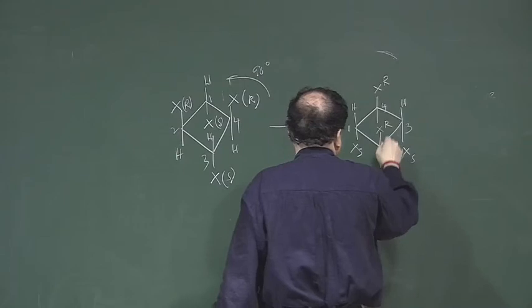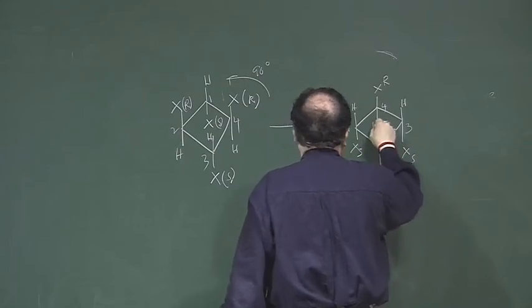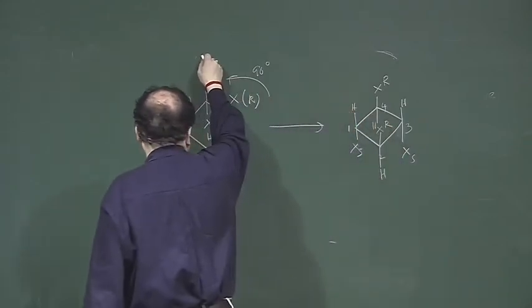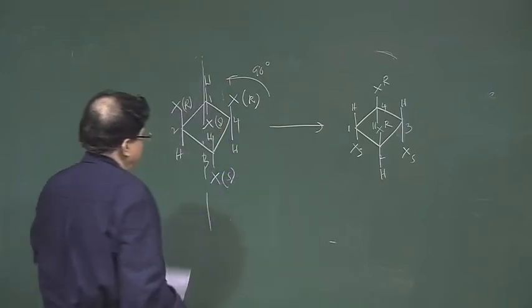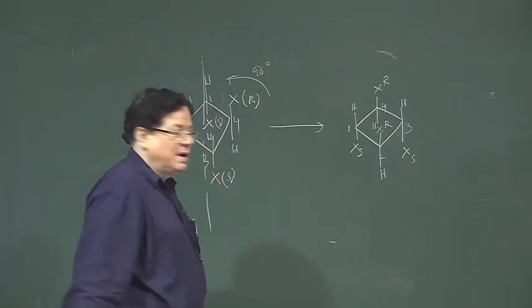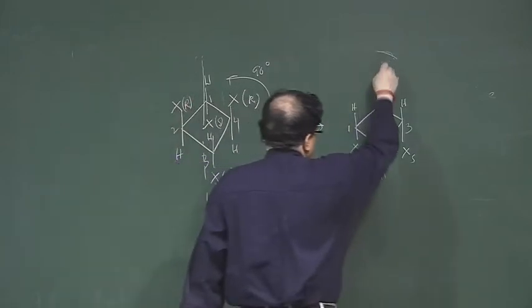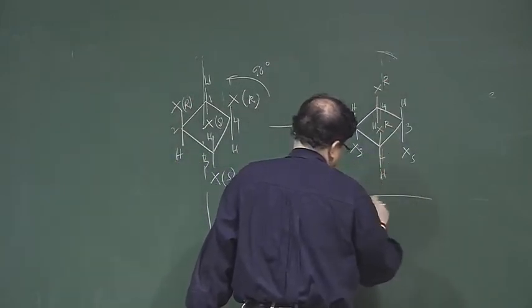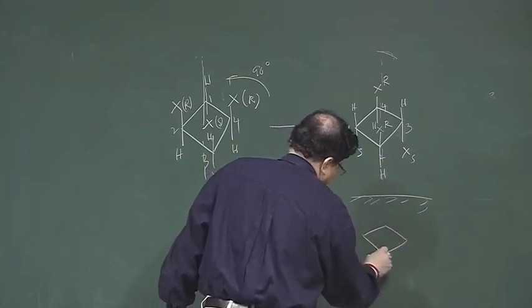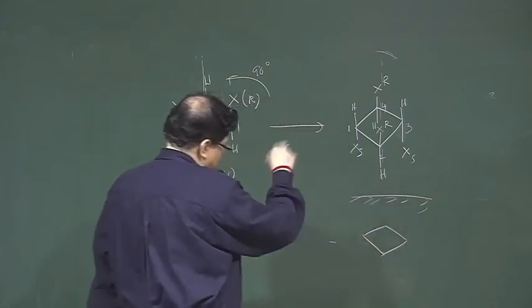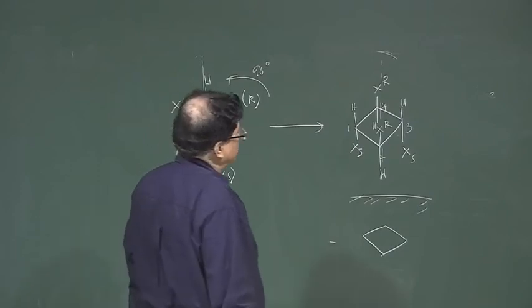Now, I have rotated it, the axis was like this, a vertical axis, by 90 degrees, and then I take a mirror image along this axis.